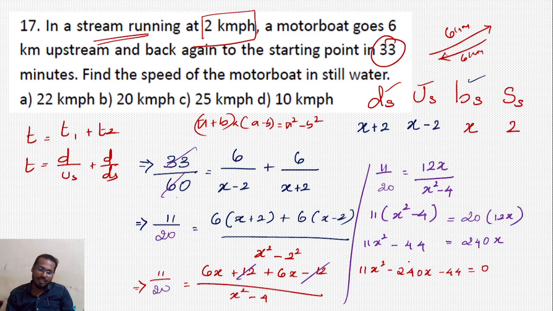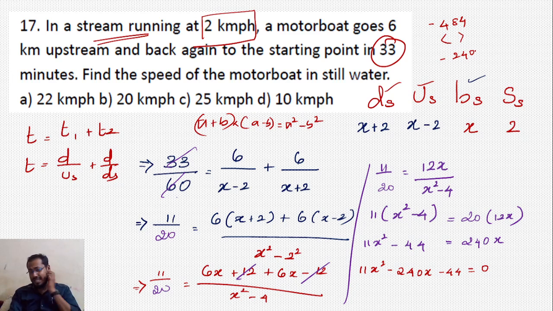This is the final form. Now I need to find the answer. So 44 into 11 is 484, and it should be negative 240. Which numbers give both the values of x? If you want the exact answer, 240 and 484.